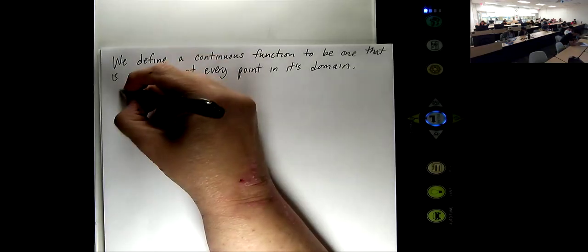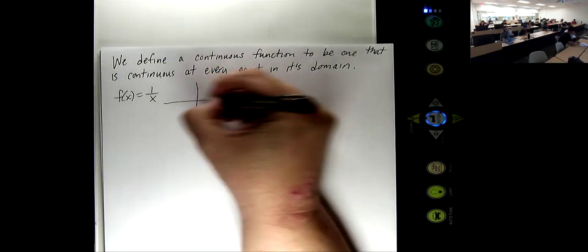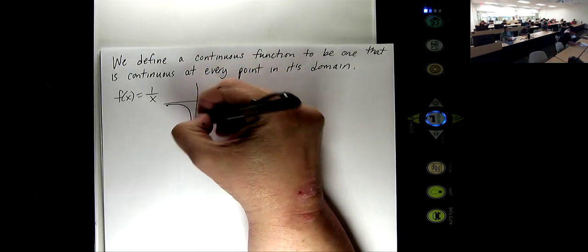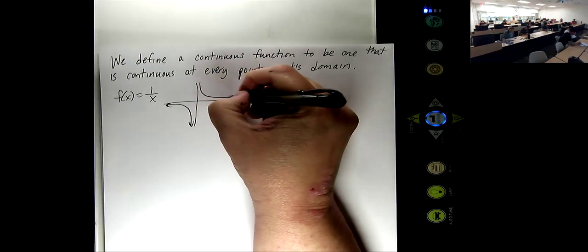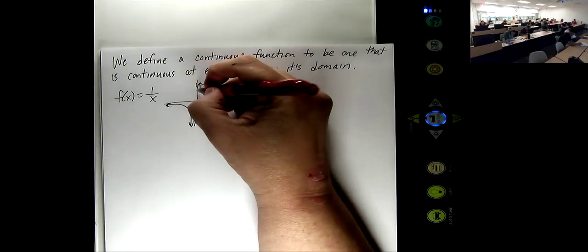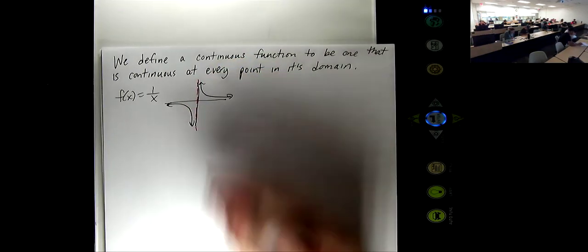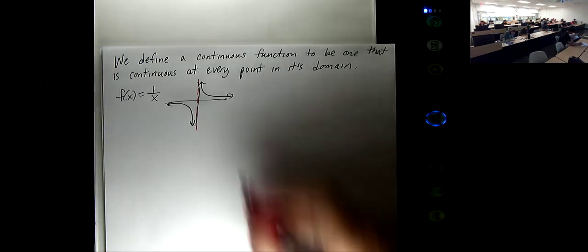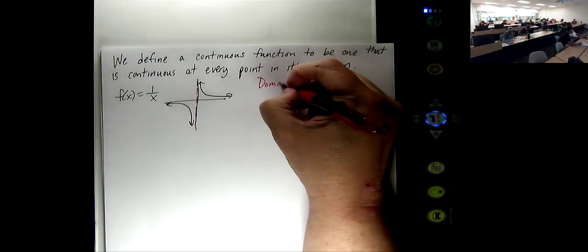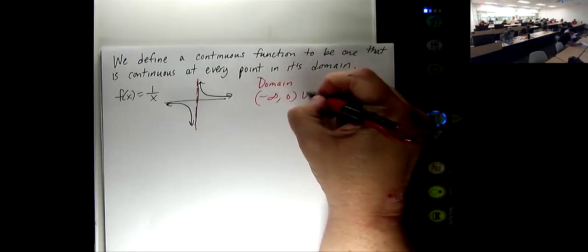So like f of x equals 1 over x. It looks like this. It has an asymptote at the y-axis. Its domain is negative infinity to 0 in union with 0 to infinity.